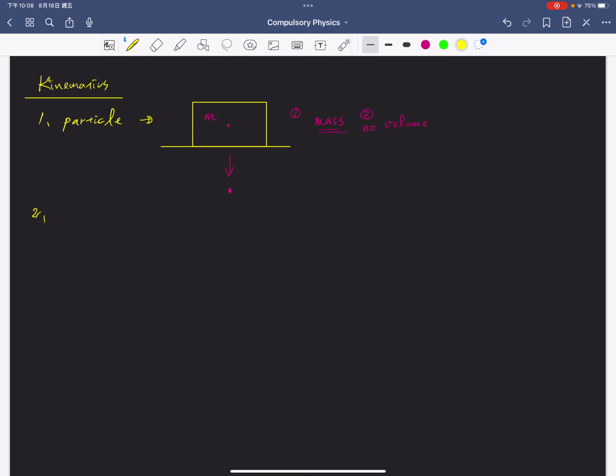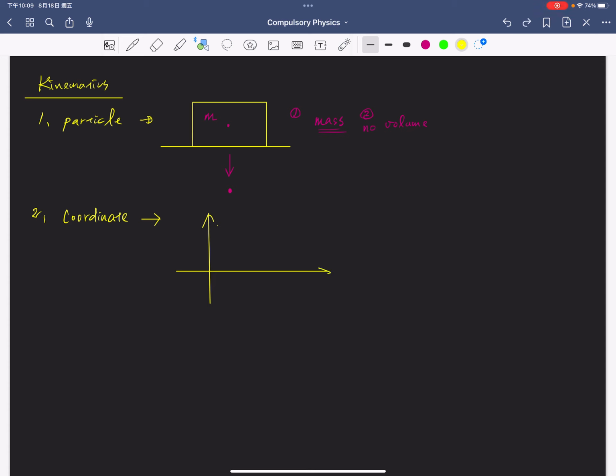When we want to describe the motion or trajectory, the first step is to have some coordinates. Coordinates are very important. In high school physics, we often use rectangular coordinates, like these ones.